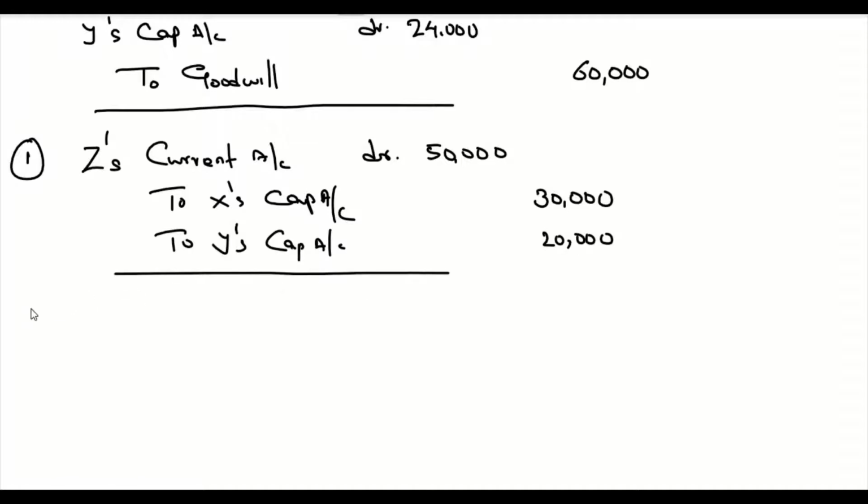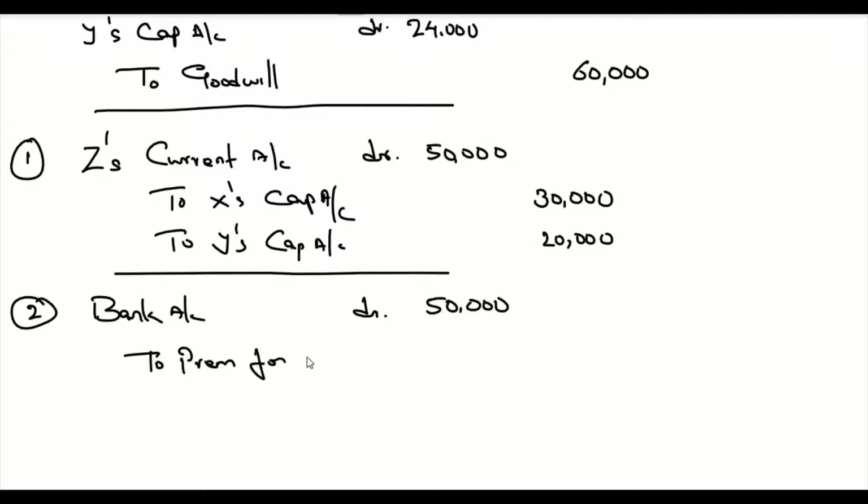Okay, in the second case, Z is ready to bring cash for goodwill. So in that case, bank account will be debited. Bank account debit 50,000 to premium for goodwill 50,000.